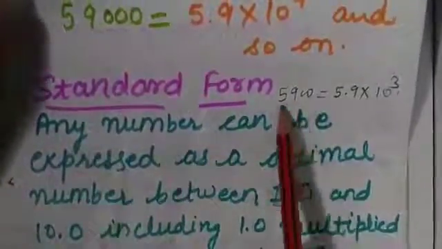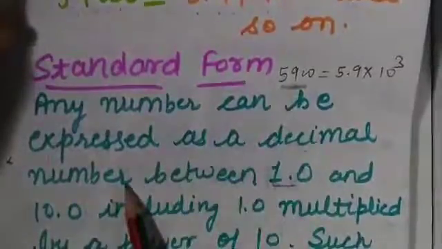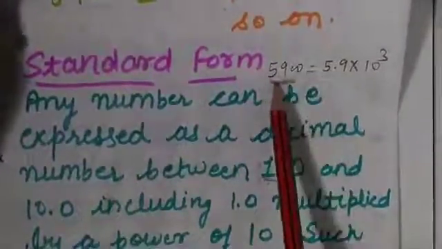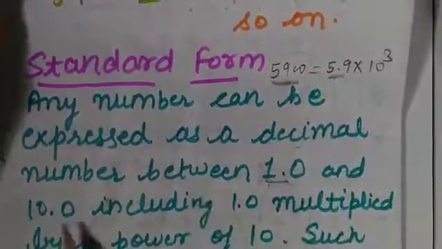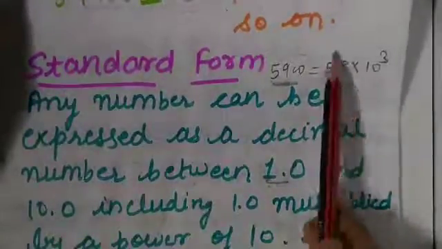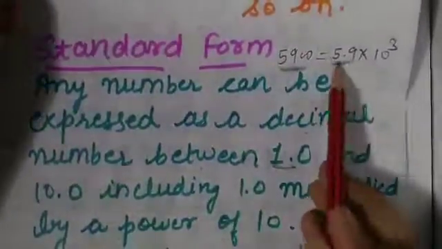Okay, I will explain this statement using this example. Any number can be expressed as a decimal number. I have expressed this number as a decimal number between 1 and 10, including 1. It may be 1 also.